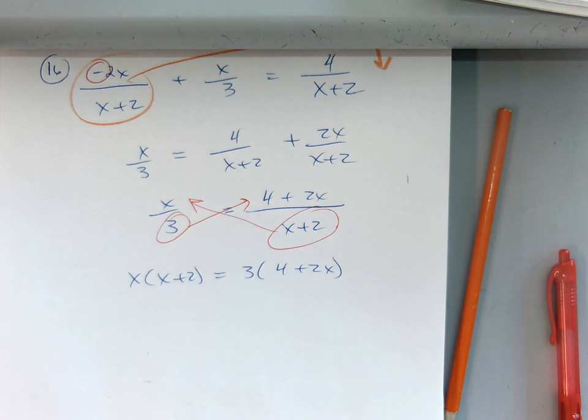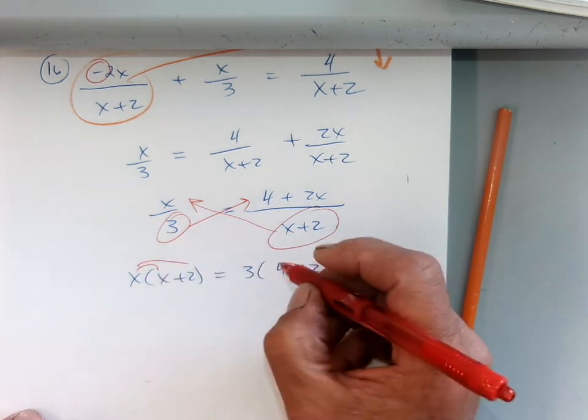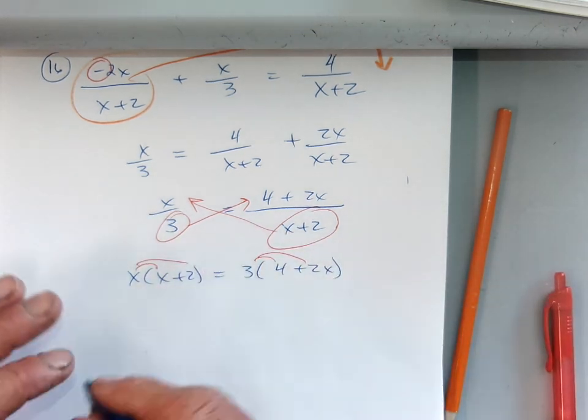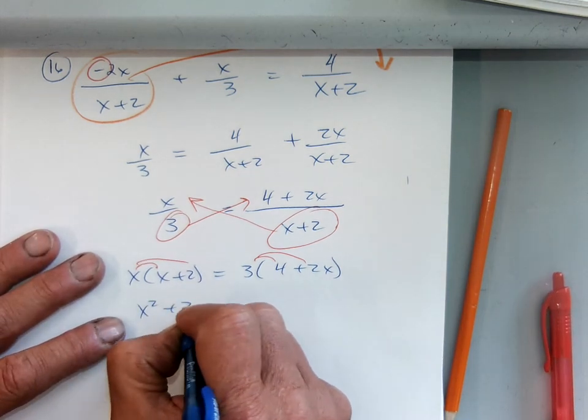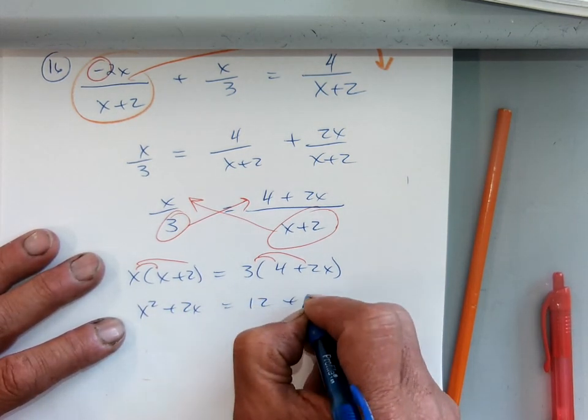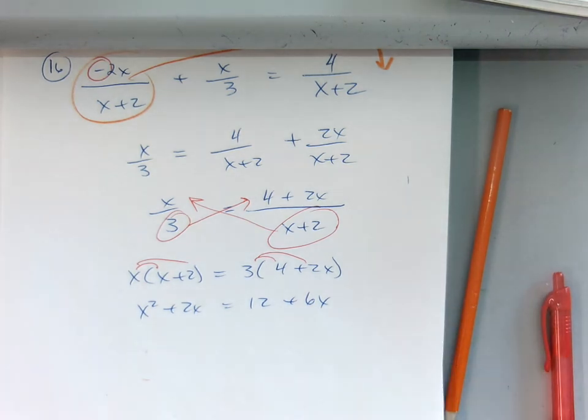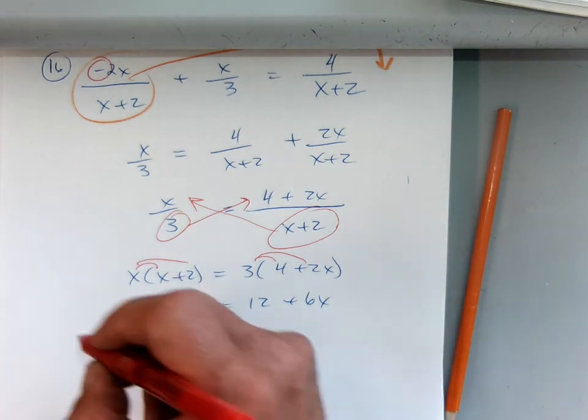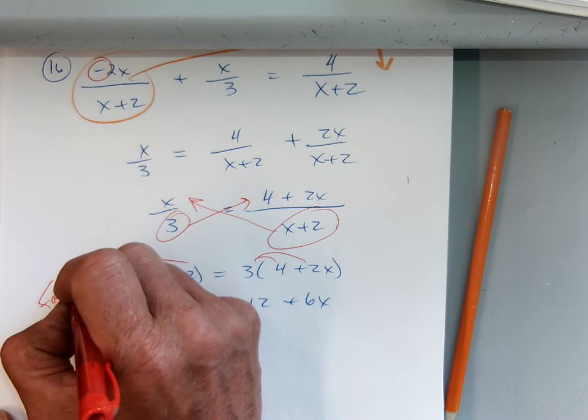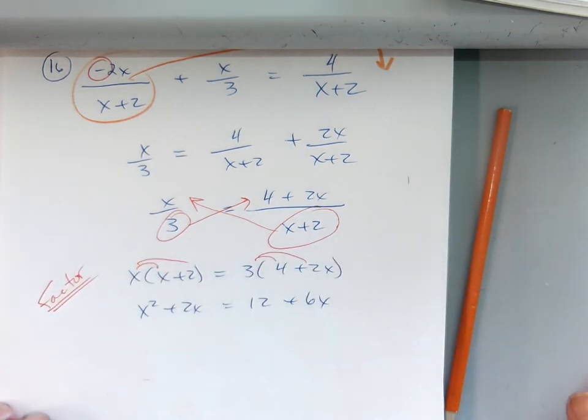We're smart. All right, I'm going to distribute both places, right? I'll have an x squared plus a 2x equals a 12 plus a 6x. Looks to me like I'm probably going to need to factor. My guess is I'll probably have to factor something.